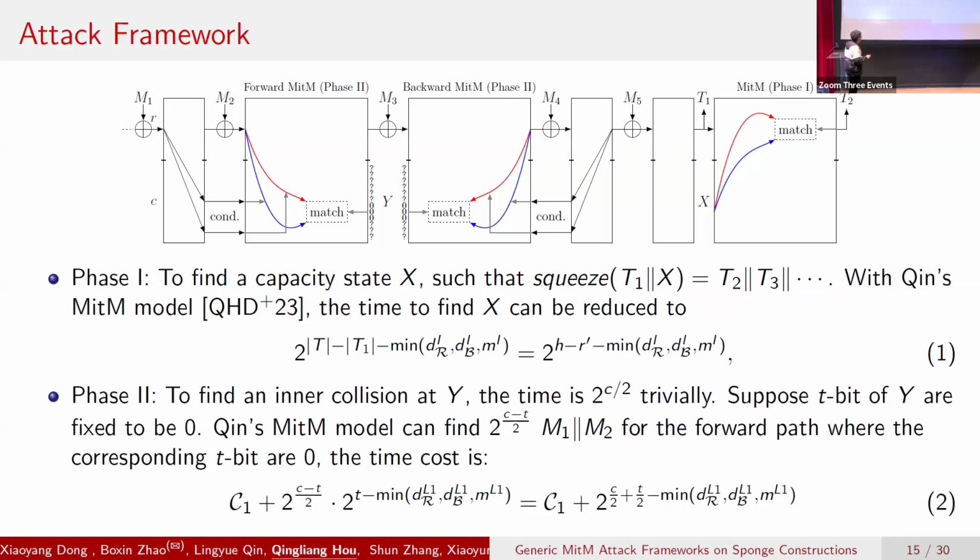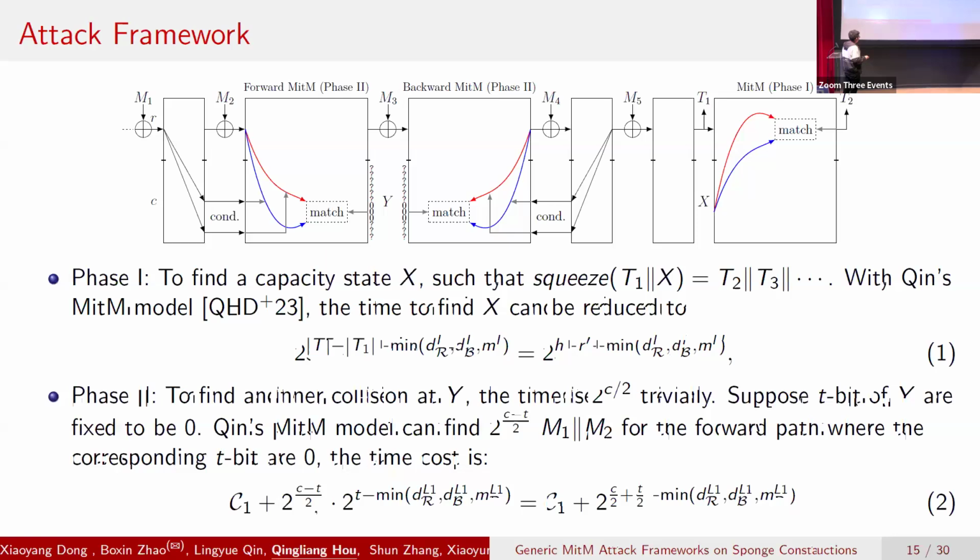Once such an X is found, we need to find an inner condition at an internal state Y. This is done to keep the consistency between T1 X and the initial value.